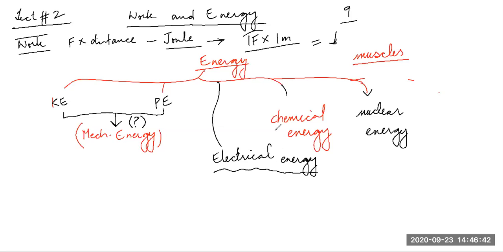Chemical energy, the example is our battery. Everyone has an inverter, which is related to a battery. It can do work because the battery gives out a gush of electrons, and those moving electrons are known as current, the motion of electrons per unit time.